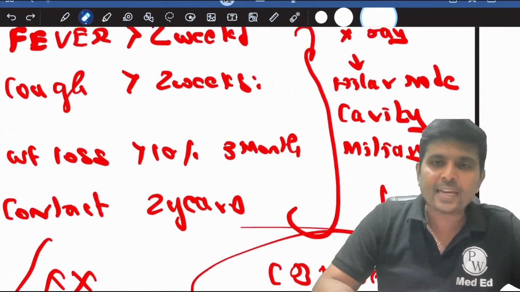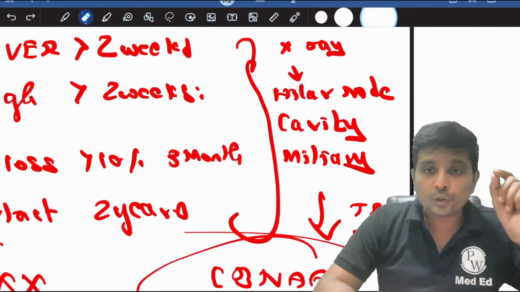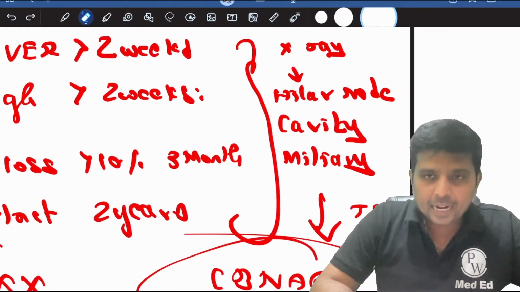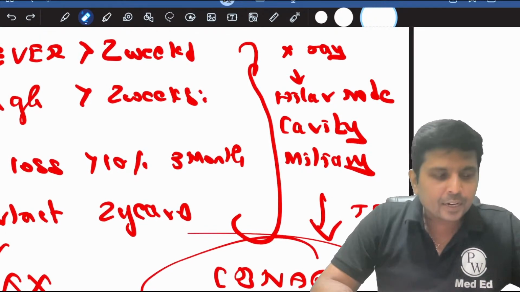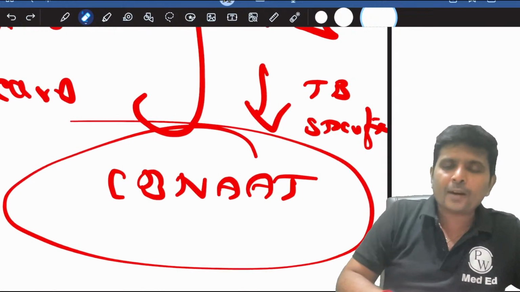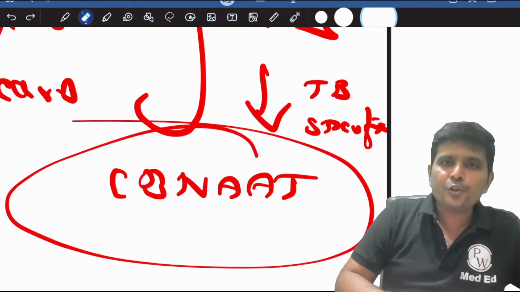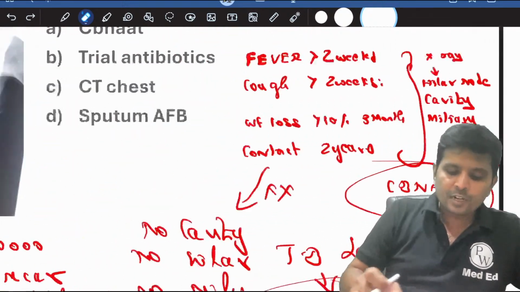So you need to take an X-ray chest. If it shows 3 particular patterns, hilar adenopathy, a cavity, or a miliary pattern, then you need to directly go for CB-NAT, cartridge based nucleic acid amplification test, which is a point of care test, which will give you 2 things.